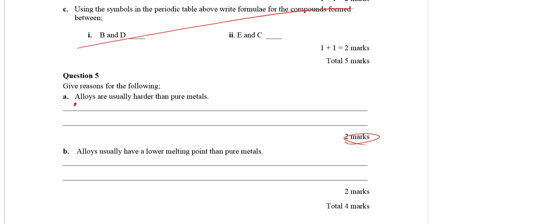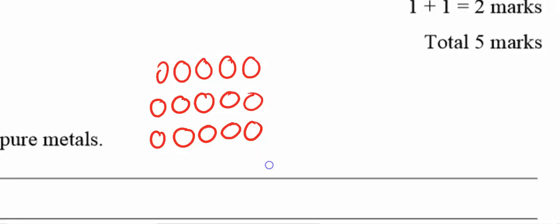With interstitial alloys, I'll draw a generic example. The pure metal looks like this, with the cations in this metal lattice arranged like so. If the metal is to be hard, the less likely it is that you can move these metal ions. With an interstitial alloy, you introduce stuff in between them, and that affects how easily they move over each other.